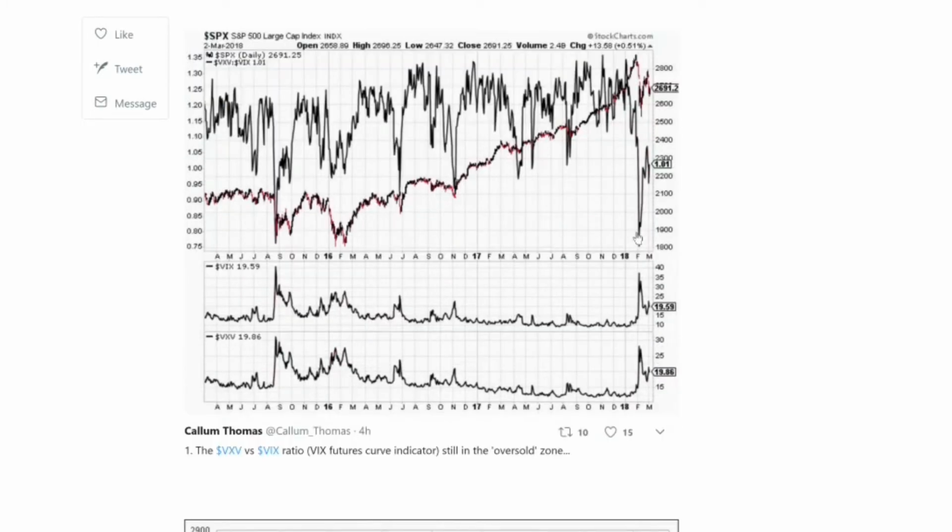First one is this one. A lot going on in this chart, so we'll start at the bottom actually. We've got here the VXV, that is actually the index for 3-month VIX, so 3-month VIX futures index, and that's in contrast to the VIX, which is the CBOE VIX index, and that's basically spot.